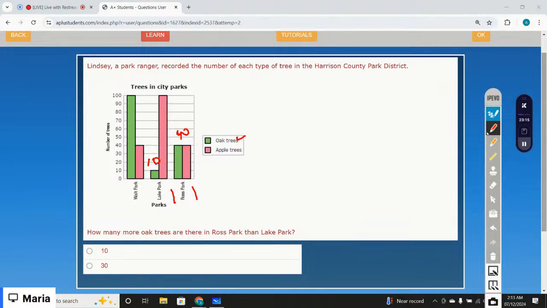So 40 minus 10 is 30. That is 30. Option number 2 is the correct option.